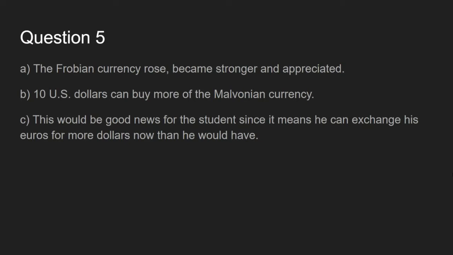For part B, if the currency of Malvolio becomes weaker, then $10 can buy more of the Malvolian currency now because the value of the currency has decreased. And then for part C, if a college student exchanges his money into euros and then the dollar weakens, this is good news for him because he now can have more dollars than he would have if he had just kept his money in dollars.